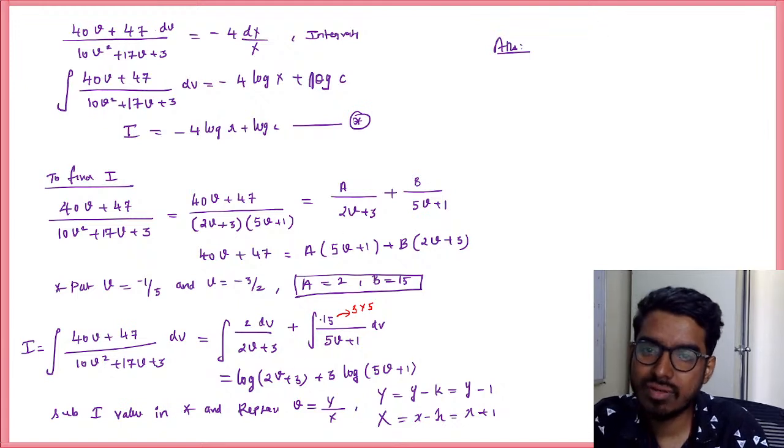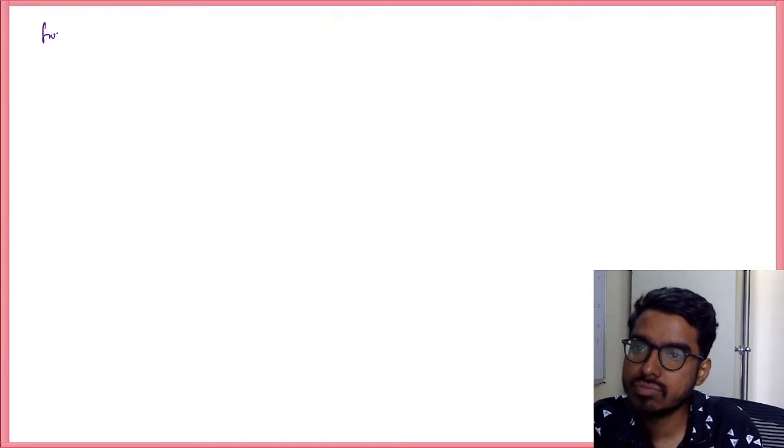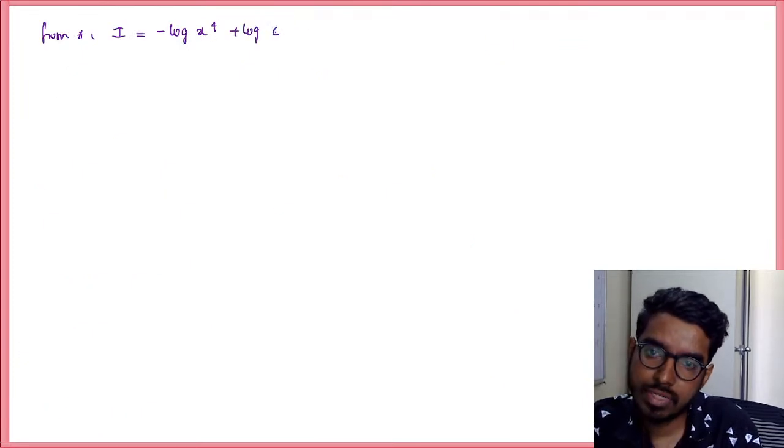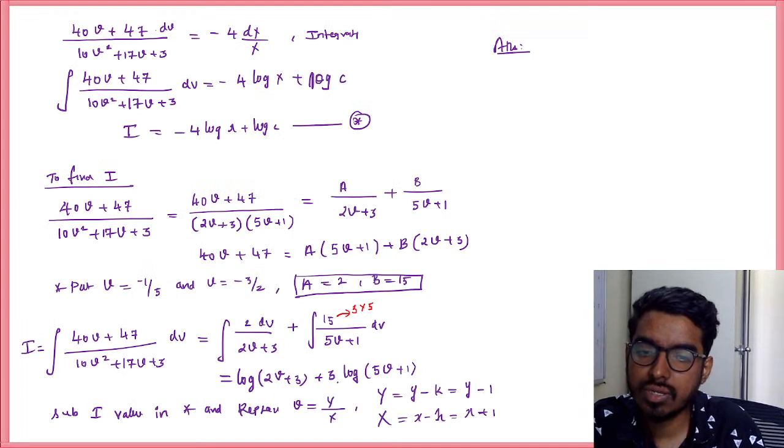Okay, I'll do this, right? So substitute in star, so from star we have I is equal to log of, I can write this as x power 4, minus log of x power 4 plus log c. So I value is log 2v plus 3.